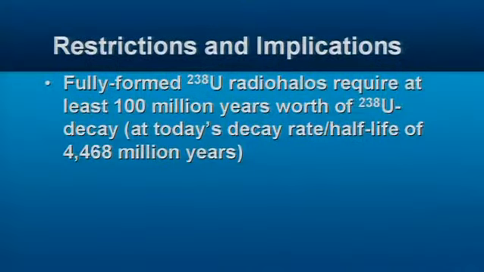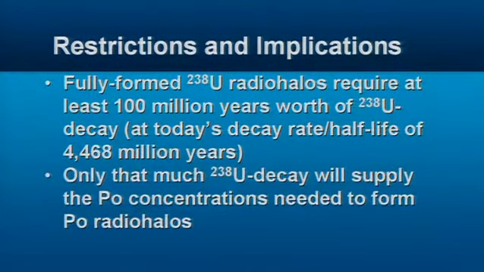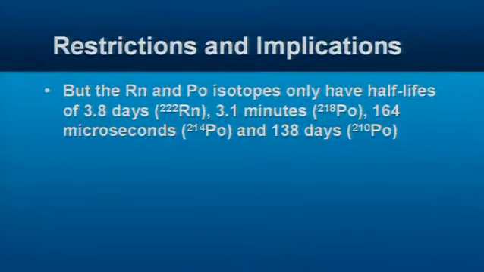So there are some restrictions, as I said, as I'm going to indicate, in implications. As we said, fully formed uranium radiohalos require at least 100 million years worth of decay. Only that much decay will supply the polonium concentrations needed for the polonium radiohalos.